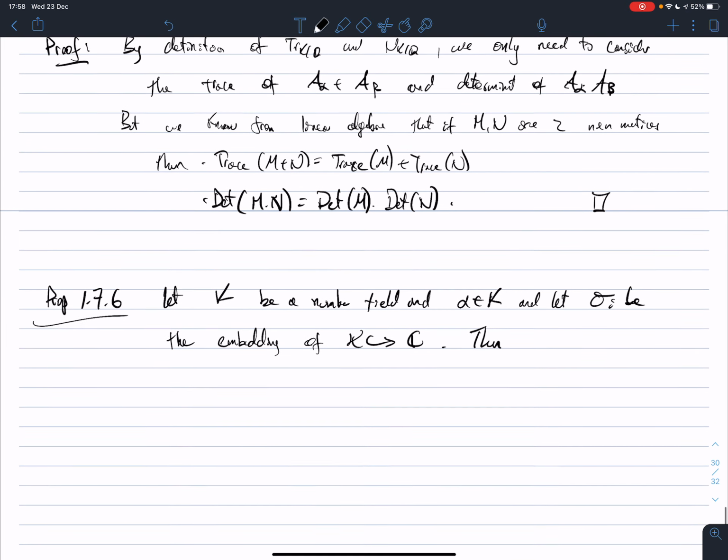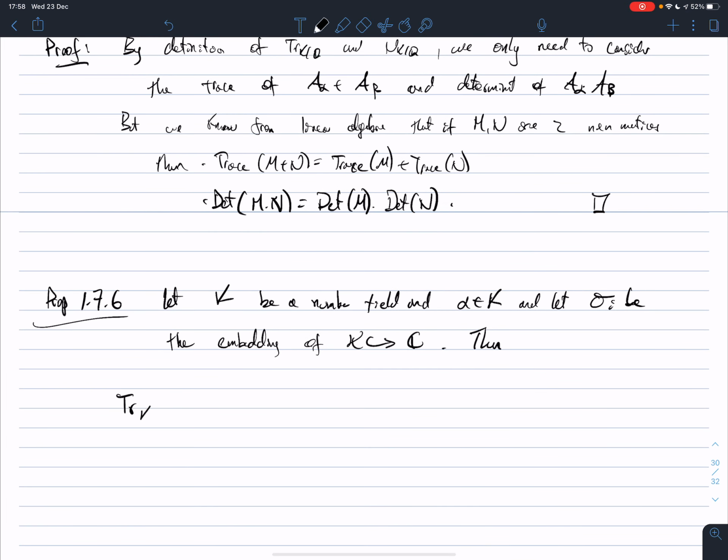Then we have the following: the trace K over Q of alpha is just the sum over i of sigma i of alpha, and the norm K over Q of alpha is just the product over i of sigma i of alpha. So if you want to find the trace of an element and you know all of its conjugates, then just add them up and that gives you the trace, and the same for the norm. If you want to find the norm of alpha, but you know all of its conjugates, then just multiply the conjugates together. So this is another quick way of computing the norm and the trace.